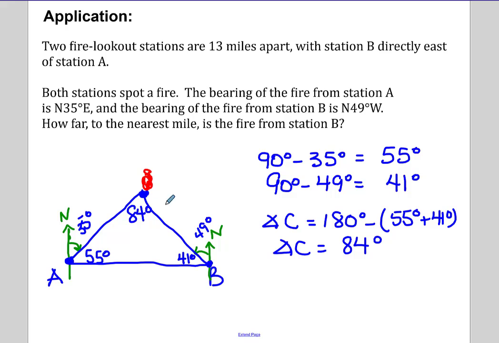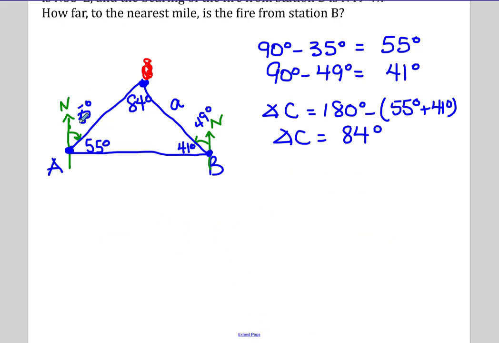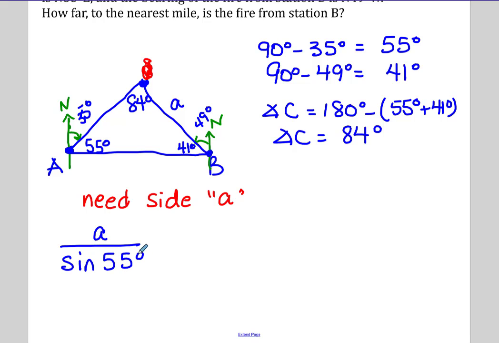And they want us to do what? Find side A: how far, to the nearest mile, is the fire location from station B. We need side A, and to get side A, we can set up the proportion. A is proportional to the sine of 55, which is equal to the ratio of 13.